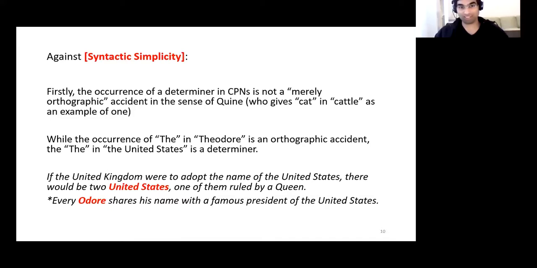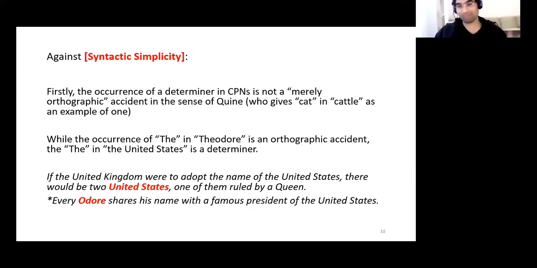For example, in the first sentence, if the United Kingdom were to adopt the name of the United States, then there would be two United States, one of them ruled by a queen. So the nominal of the United States can appear with other determiners as well.